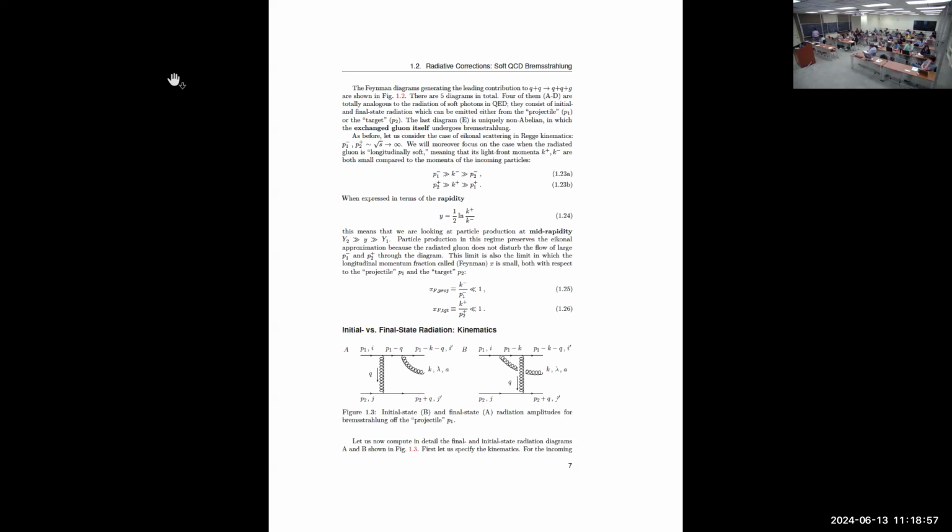And now I have my spinor product, U bar 1 prime epsilon slash K lambda star (P1 minus Q) slash U1 times U bar 2 prime gamma^mu U2.